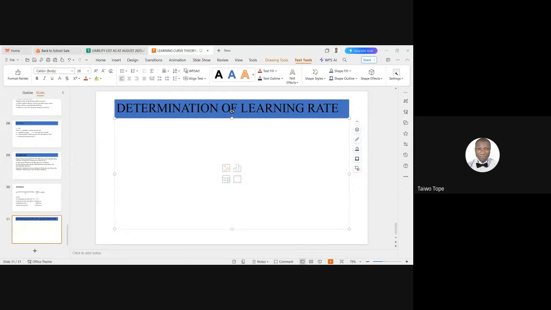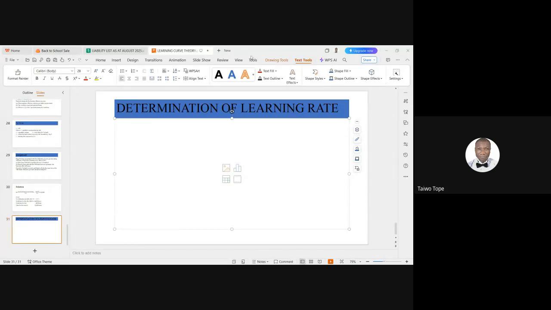So when we talk about learning rates, what we are actually talking about is a rate that shows the percentage. Is a rate that shows what? The percentage.